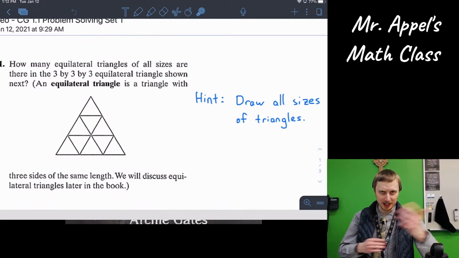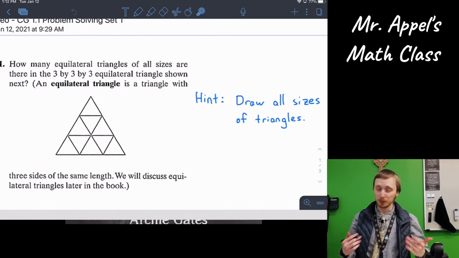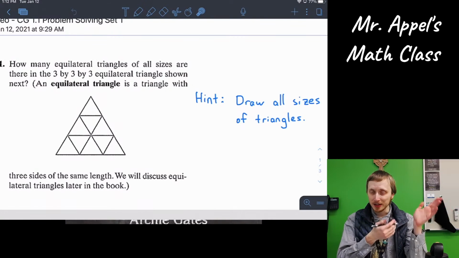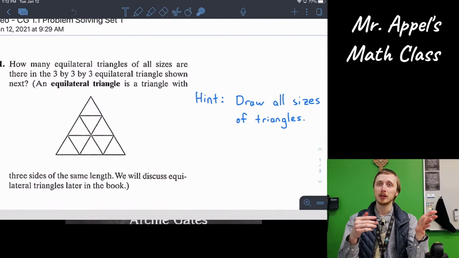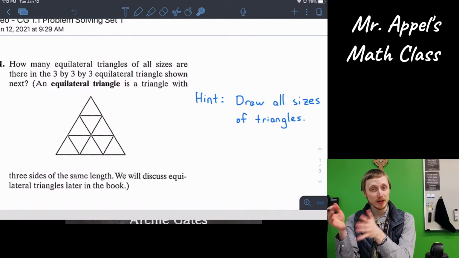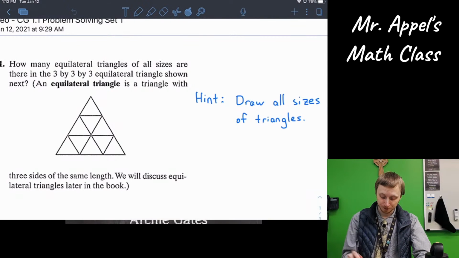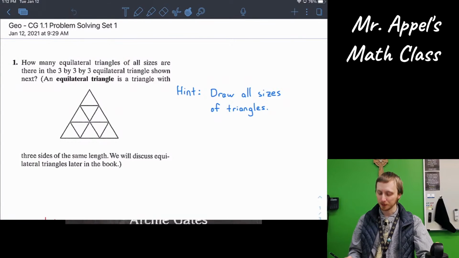So what different sizes of triangles do you need to look for? How can you account for those? Draw some pictures. Look back at our work from yesterday's example problem with the squares to see a very similar problem, and hopefully you can use a very similar solution, okay? It's all part of why we practice these things.